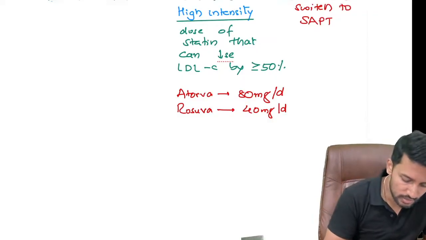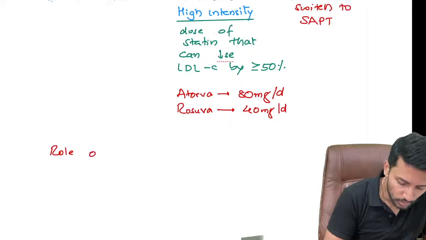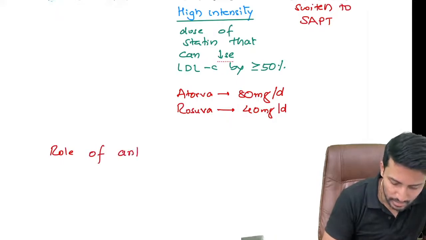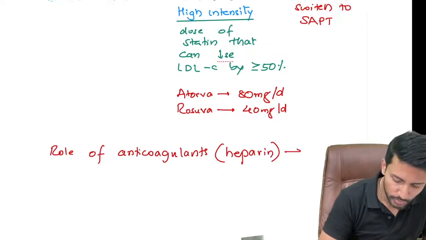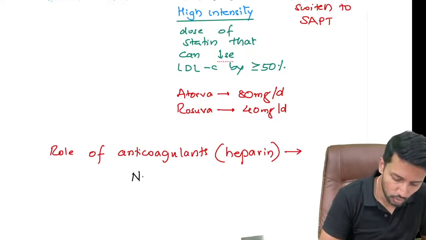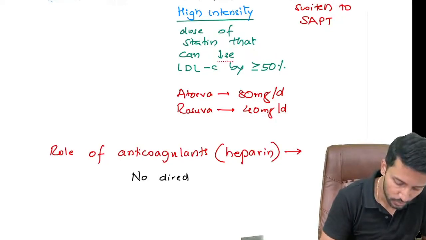Now, the last question to address is, what is the role of anticoagulants or heparin in ischemic stroke management? So please remember, there is no direct role.